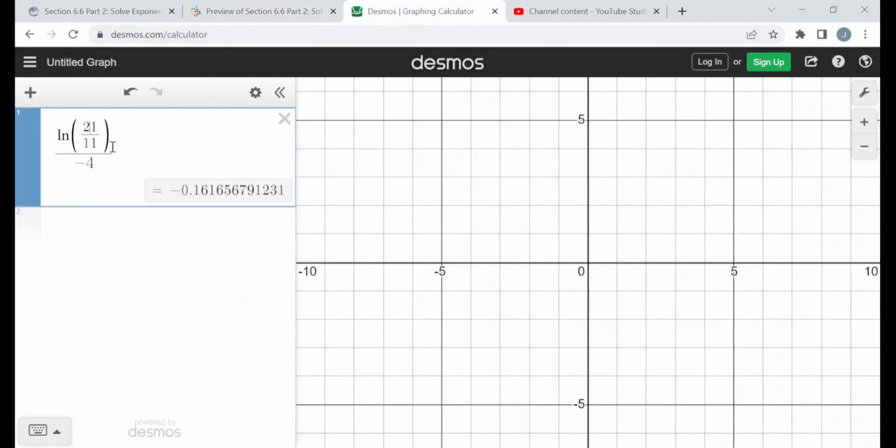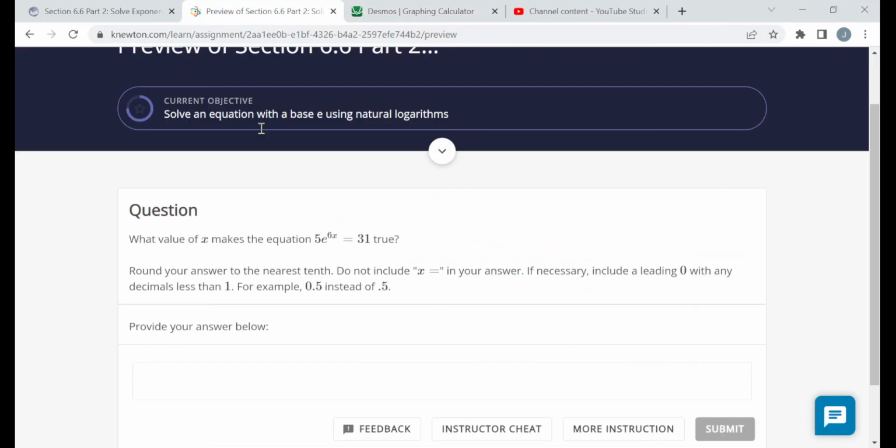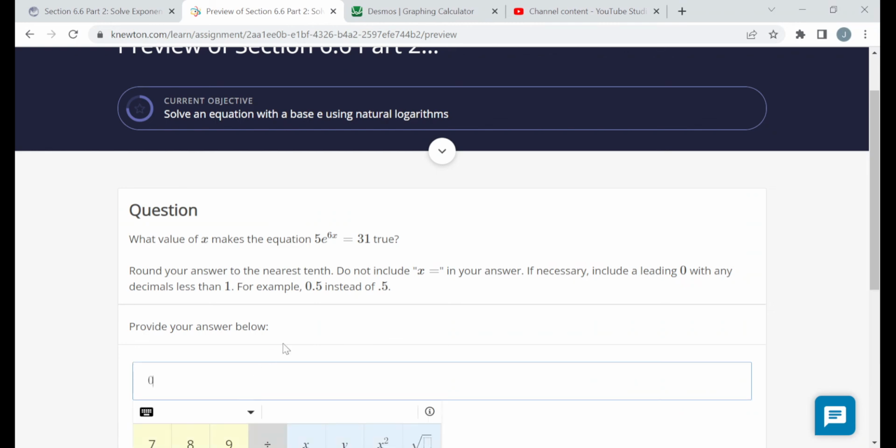So it'd be the natural log of 31 fifths, and then divided by 6 when you finally get x alone. And rounding this to the nearest tenth is clearly 0.3. So the solution rounded to the nearest tenth is 0.3.